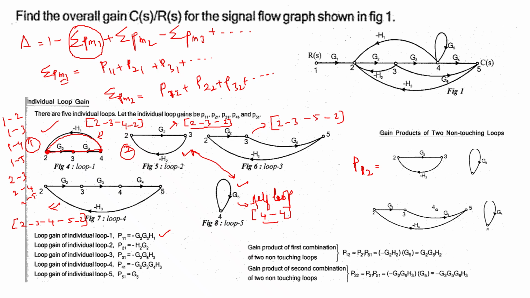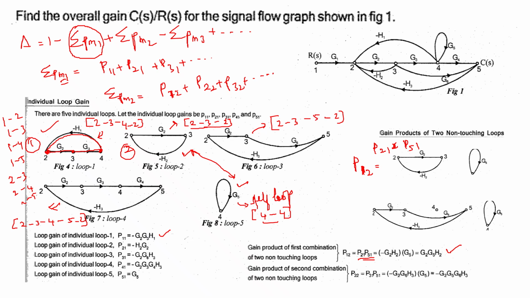We cannot find any common nodes. So P12 can be written as P21 into P51, which leads to G2, G5 into H2. The gain values of the individual loops are multiplied here.